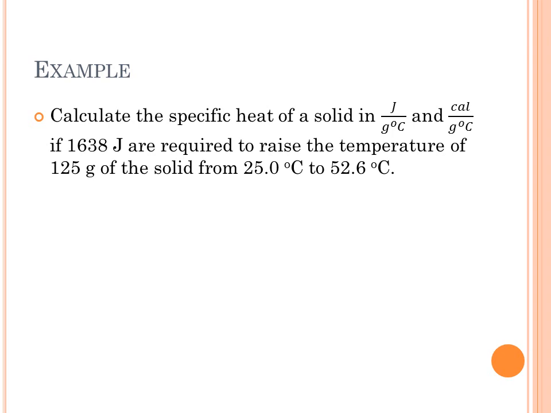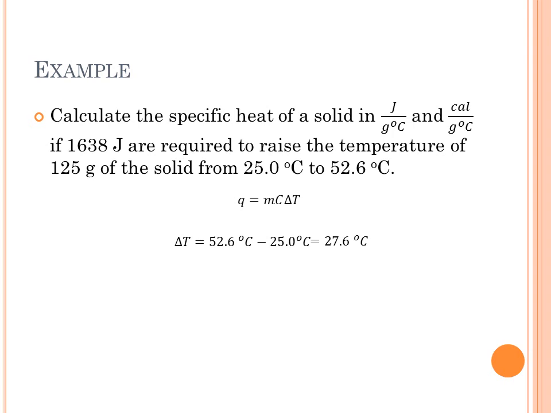Let's look at a different example. Calculate the specific heat of a solid in joules per gram degree Celsius and in calories per gram degree Celsius, if 1638 joules are required to raise the temperature of 125 grams of the solid from 25 to 52.6 degrees Celsius. So our Q equals mc delta T again. Our delta T, 52.6 minus 25, is 27.6 degrees Celsius.